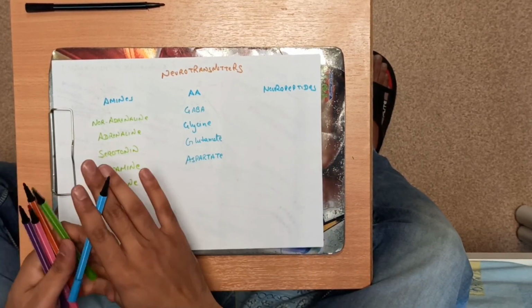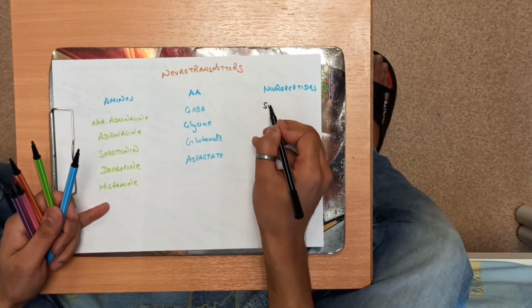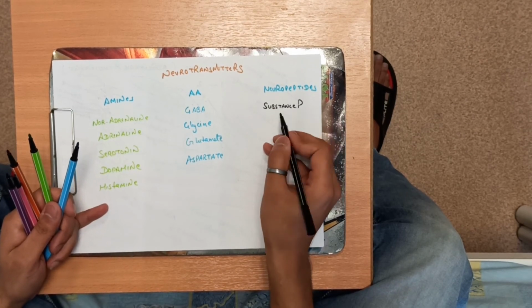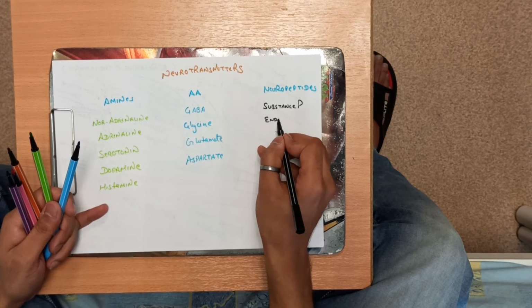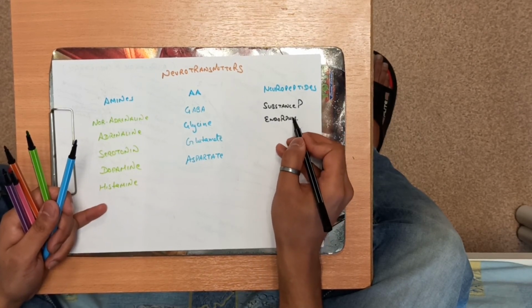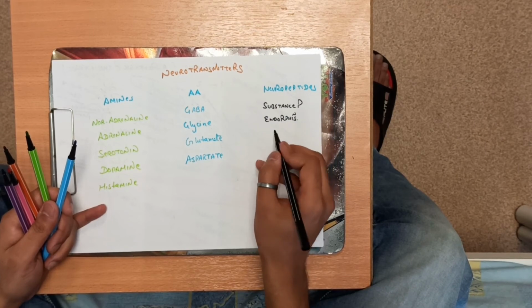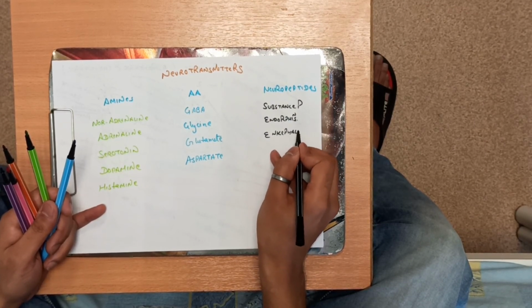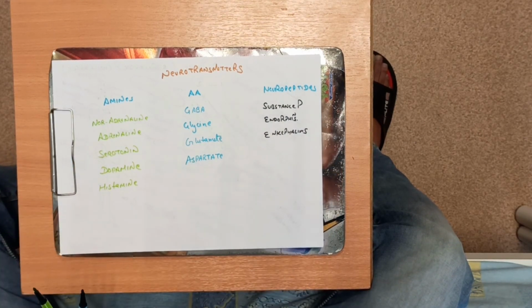Neuropeptides are substance P, endorphins, and enkephalins. Now these transmitters may have an excitatory effect or may have an inhibitory effect.